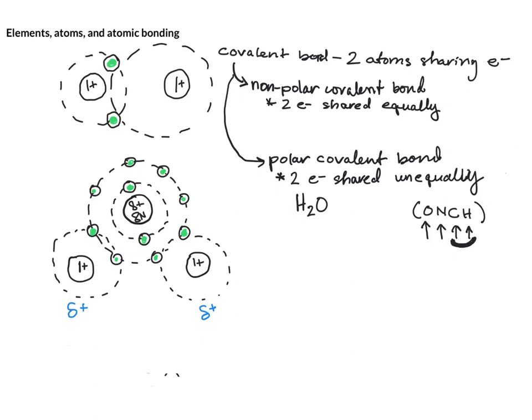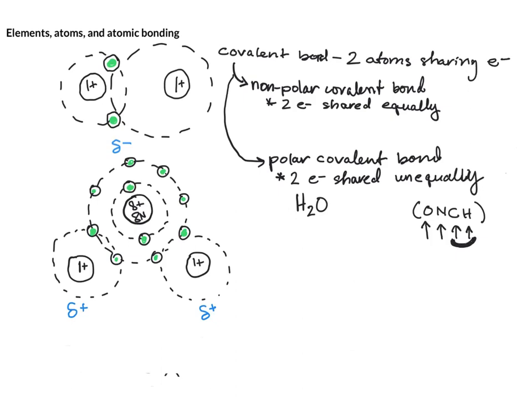And that means that the oxygen end of my molecule is going to have a partial negative charge. Again, why? I had 8 protons in the nucleus of my oxygen, but now there are 10 electrons hovering on this side, creating a bit of a negative charge over here. That is a polar covalent bond. 2 electrons are shared unequally.